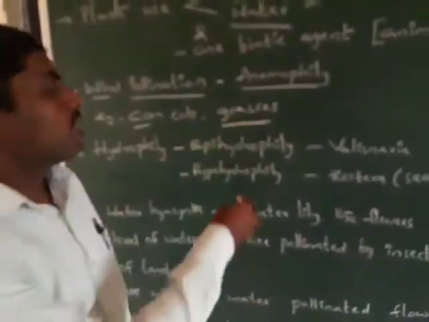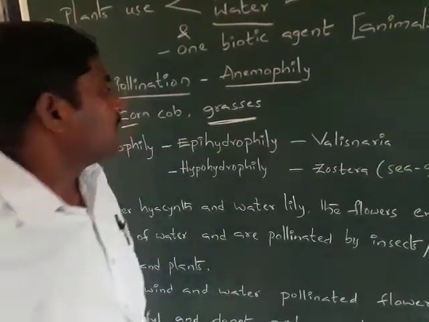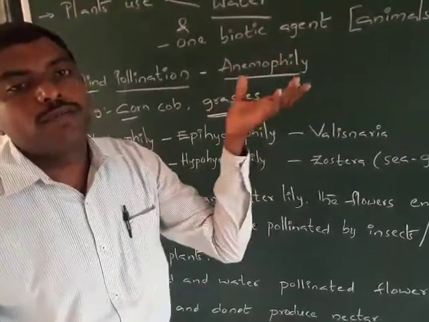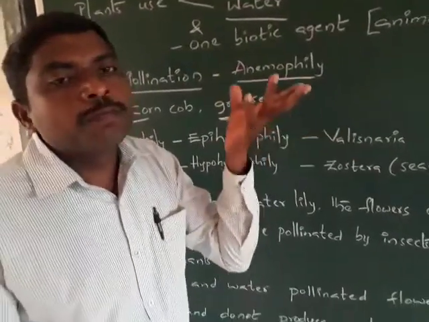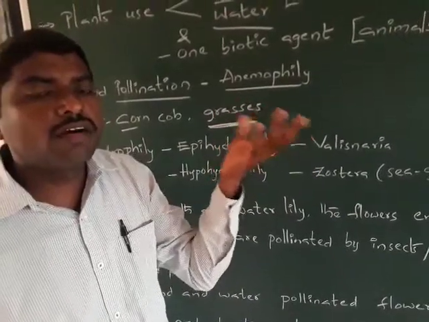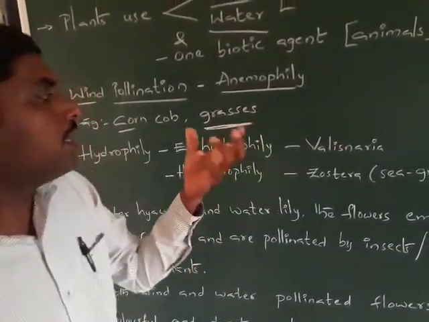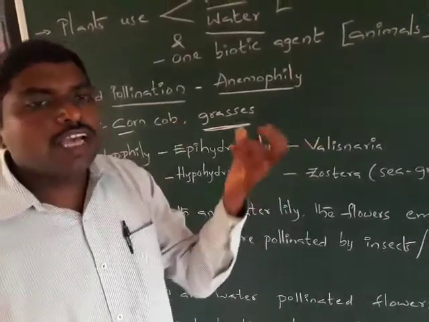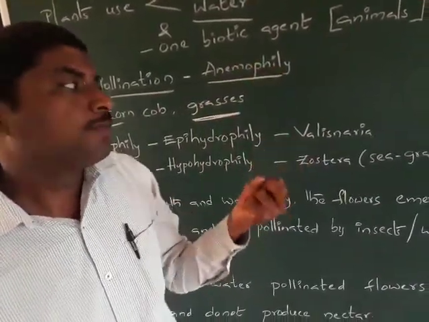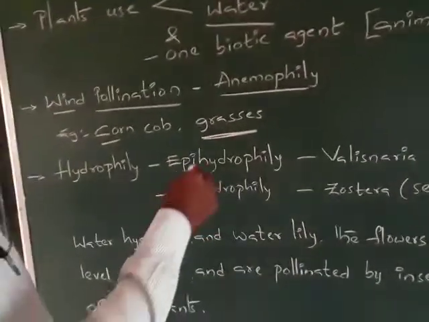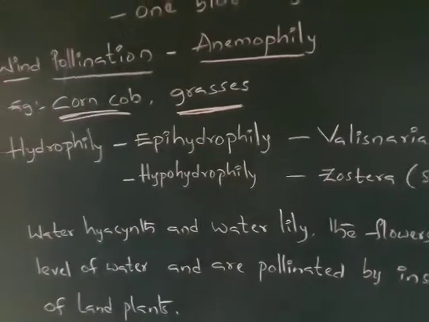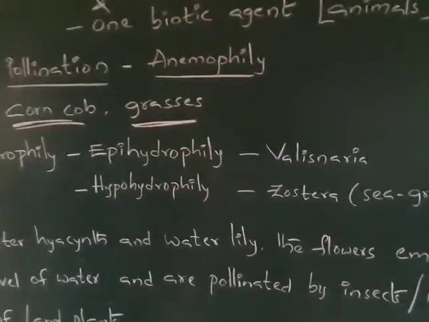Most of the grasses have a female organ, the stigma or style, which is large and feathery, and that is why they grasp the pollen grains from the wind. For example, the corn cob has silky hairs.